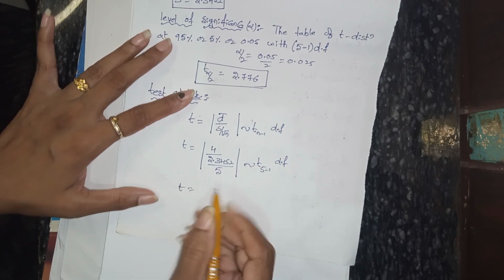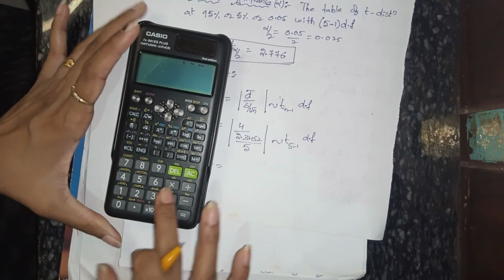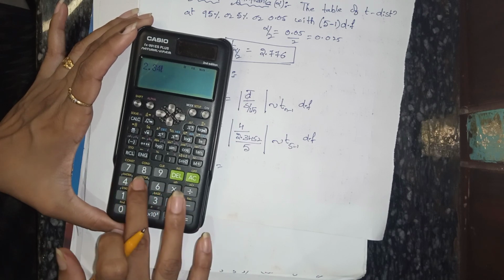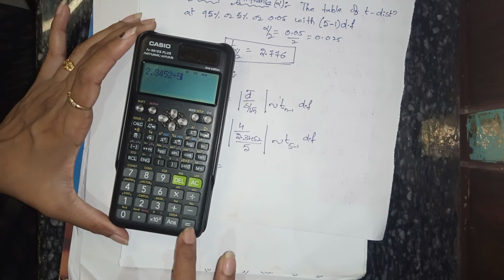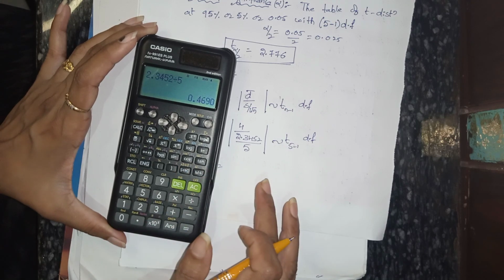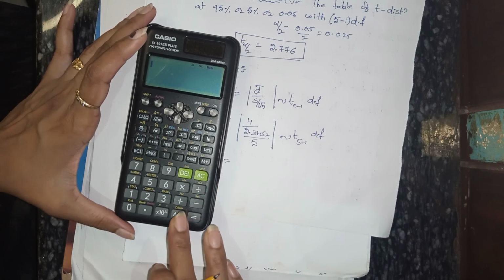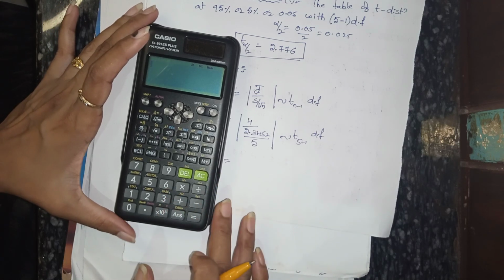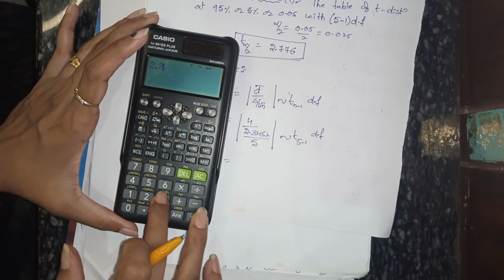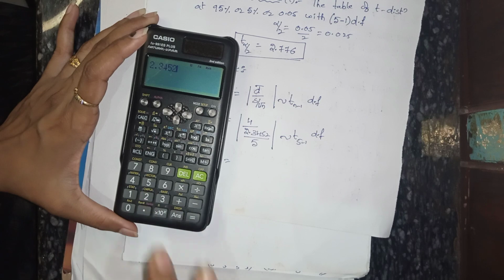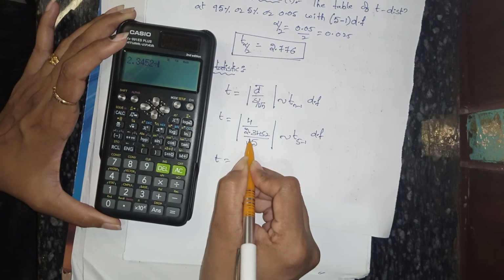So T equals, how much will we get? 2.3452 divided by root 5.